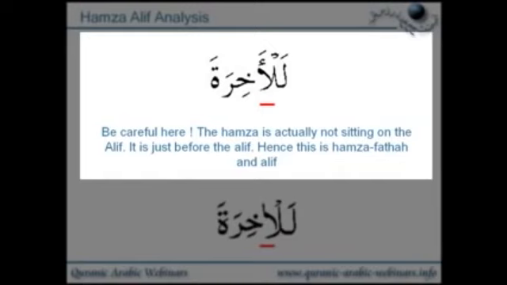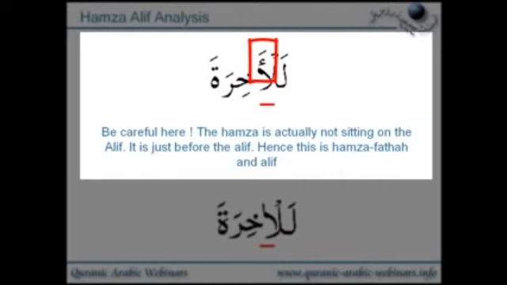Now, be very careful here because we did learn that you can have the Hamza sitting on an Alif. In this particular word, the Hamza and Fatha is slightly before the actual Alif in the Lam Alif. Hence, this is actually Lam, Hamza, Fatha, Alif. So you've got to be a bit careful there.